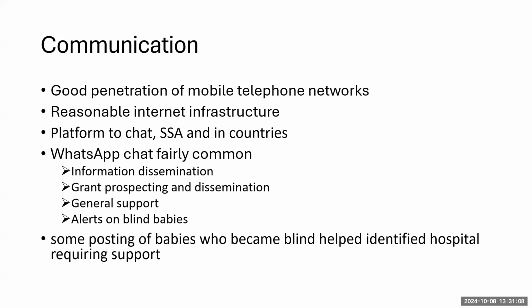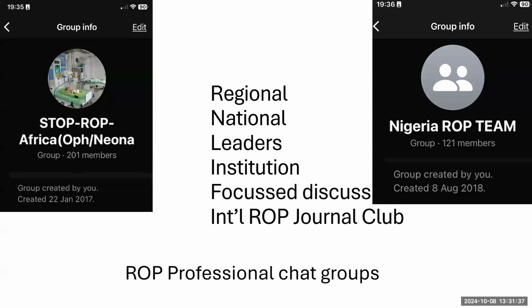This helped us to disseminate information on various things around ROP, including supporting one another, alerting on babies who are blind, some posting about babies who showed up at some hospital who are already blind, and helping us to identify hospitals who require support. In every implementation, this is an important one, whichever country, people getting together and talking continually one with another. Next slide.